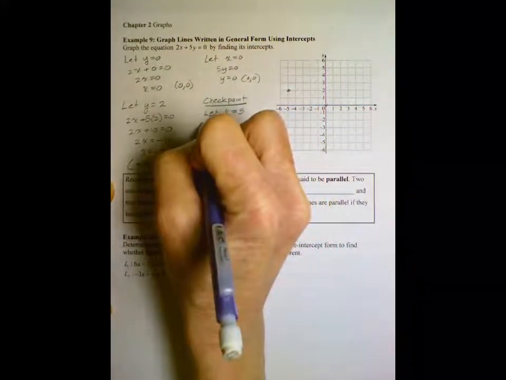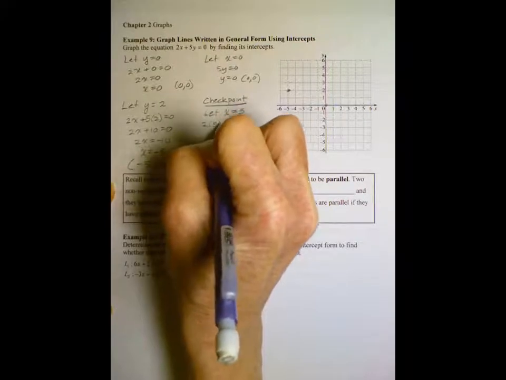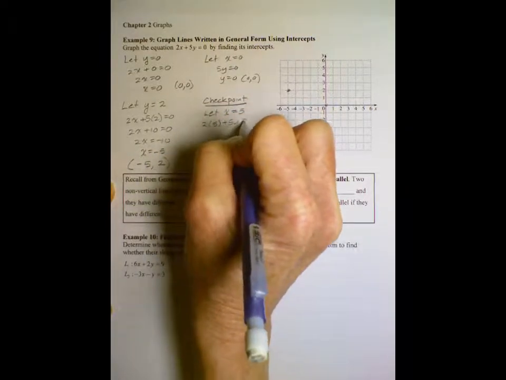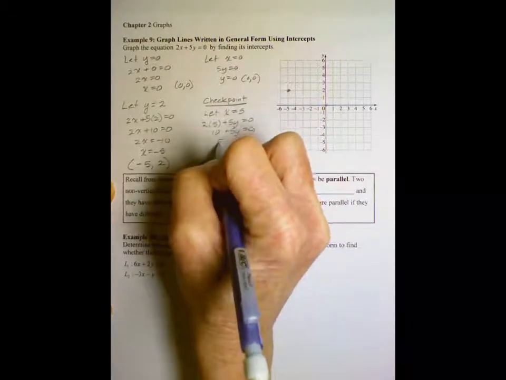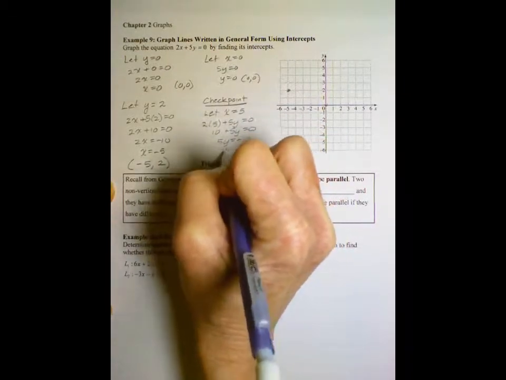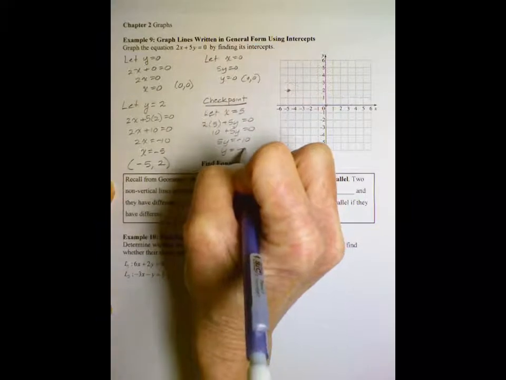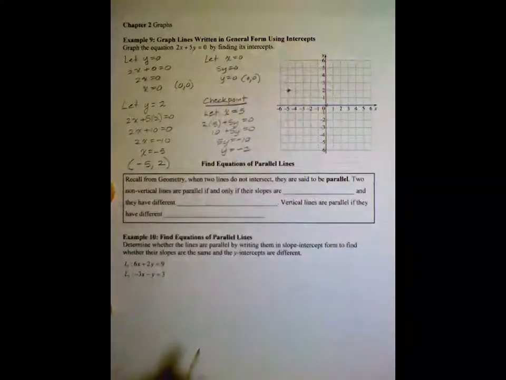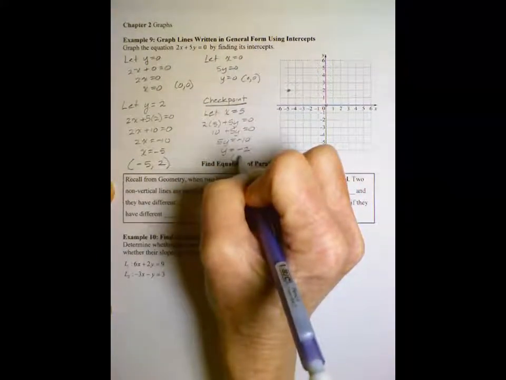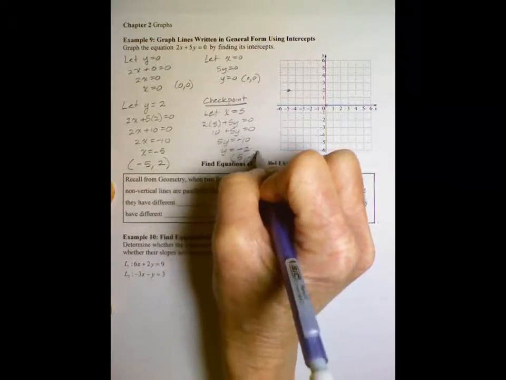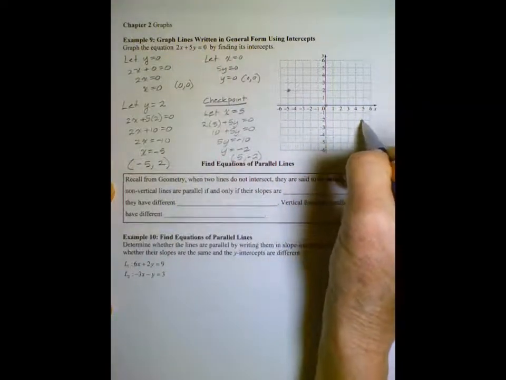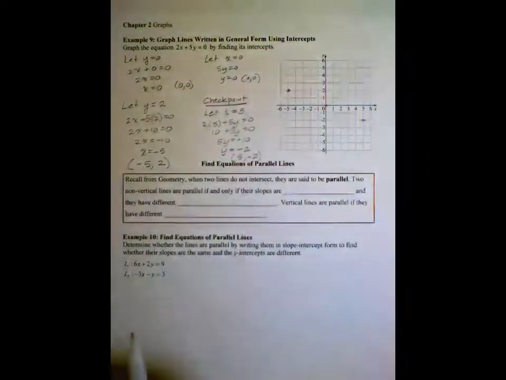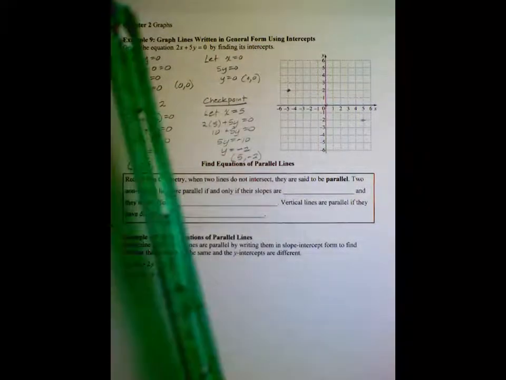And we have 2 times 5 plus 5y equals 0. 10 plus 5y equals 0. 5y equals negative 10, and y equals negative 2. So now we have the point, x is 5, y is negative 2. So hopefully these will line up. X is 5, negative 2, and indeed these 3 points are all on the same line.